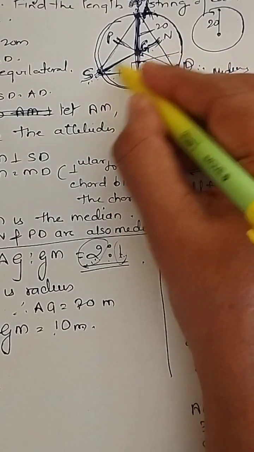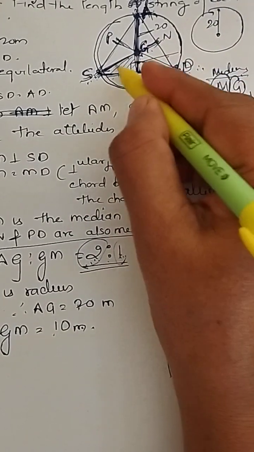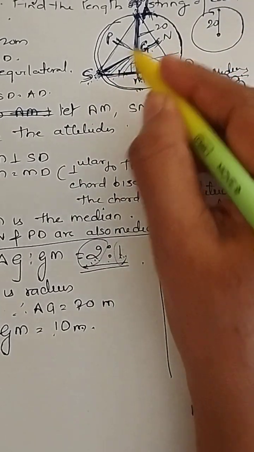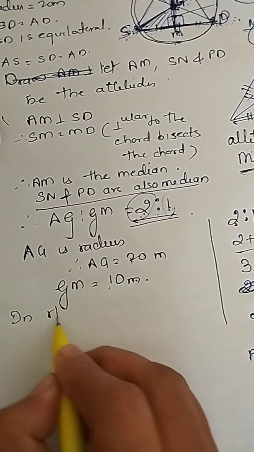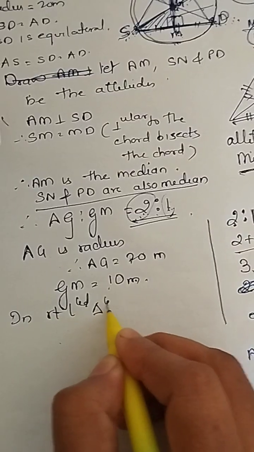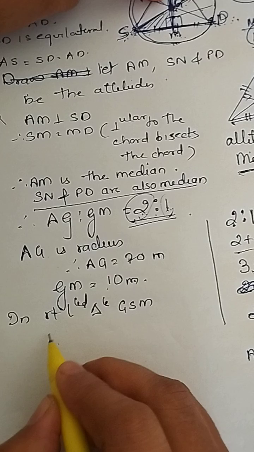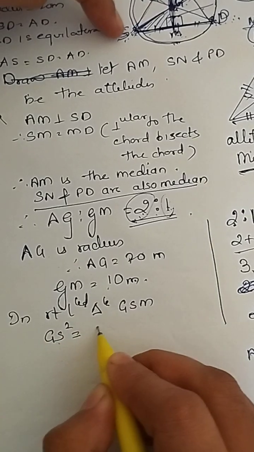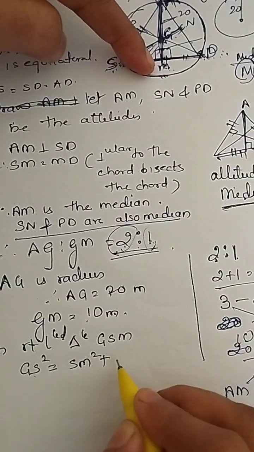Now let's come to this length, because I want this side or this side, any triangle. So this is a right angled triangle, I have shaded it. GSM I'll take, or GMD, anything you can take. So in right angled triangle GSM, GS square is equal to SM square plus GM square.